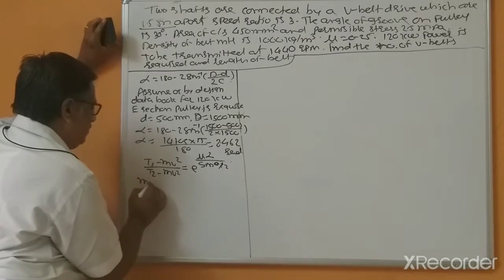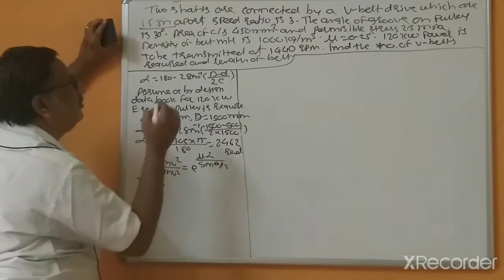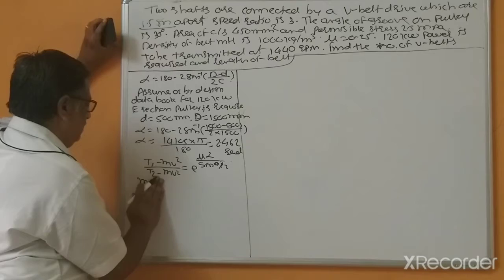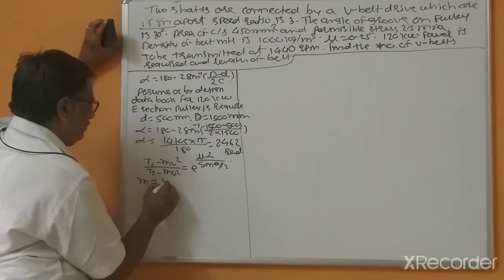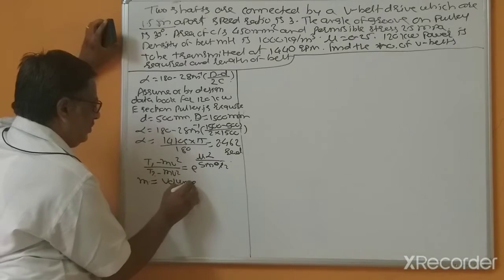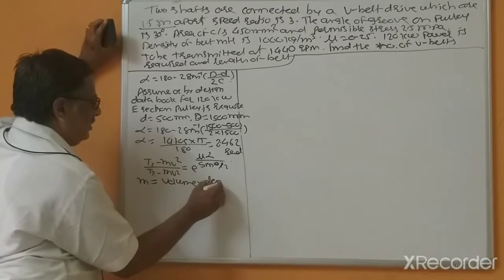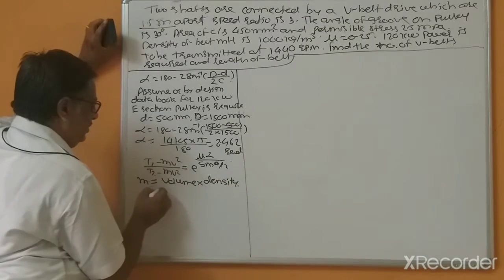First calculate m equal to volume multiplied by density.